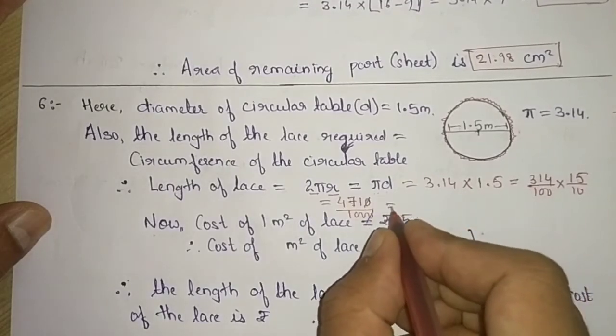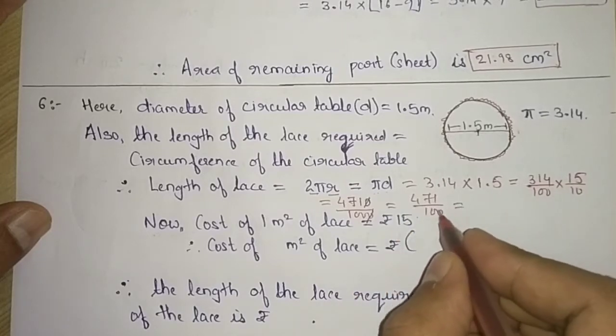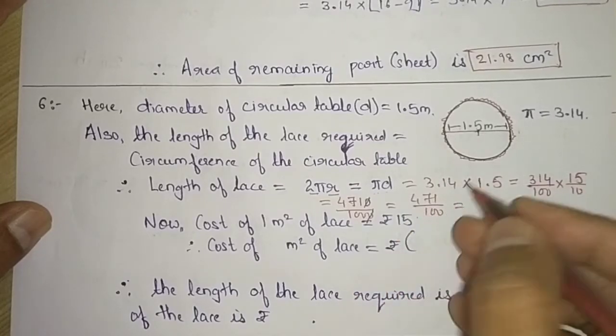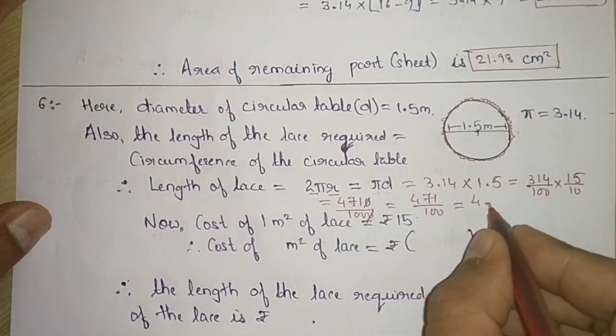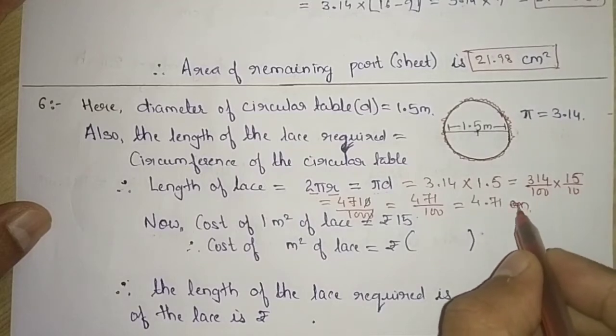So we will remain with 471 divided by 100. Since the denominator is 100, we can keep it as 4.71 centimeter. Sorry, it is meter.